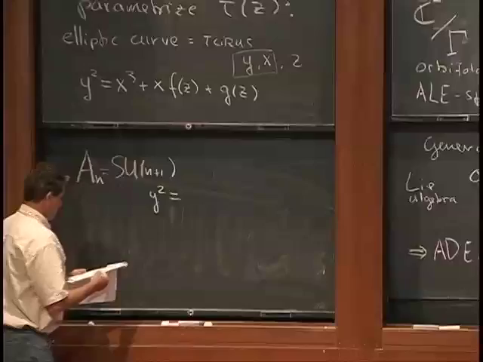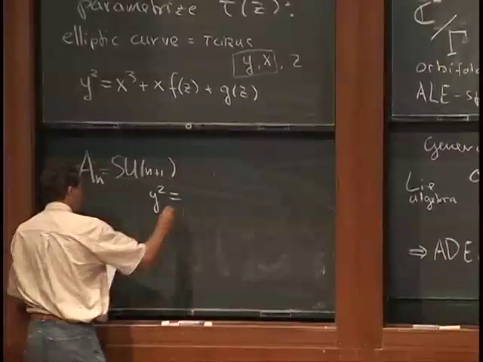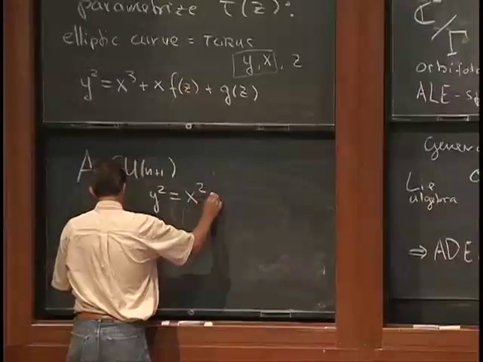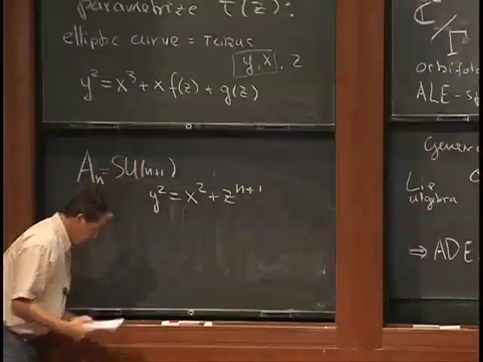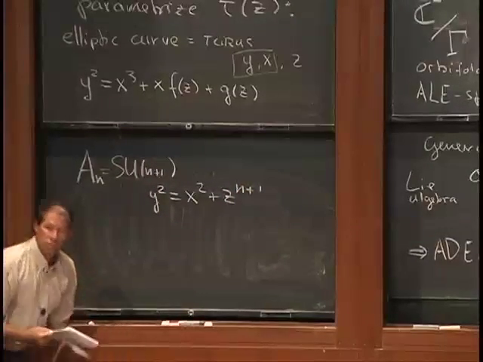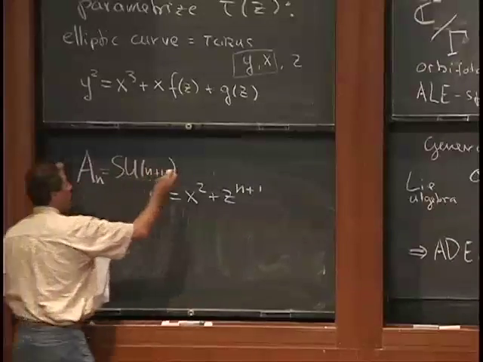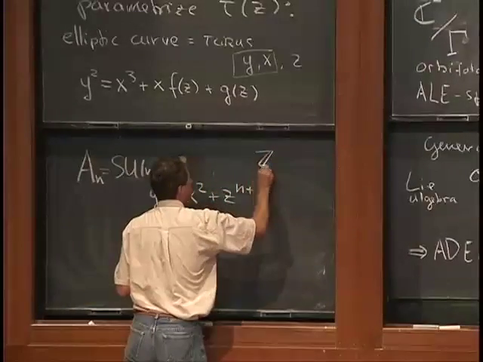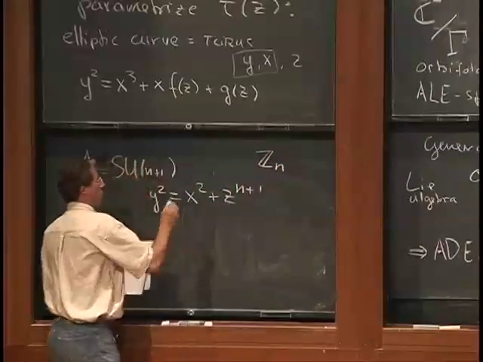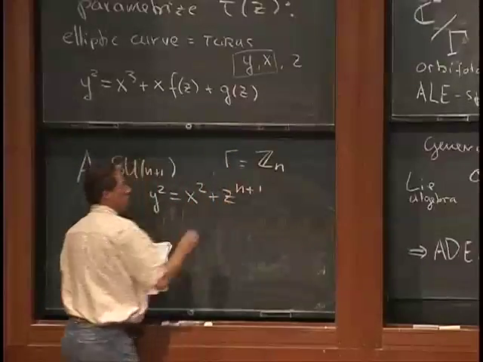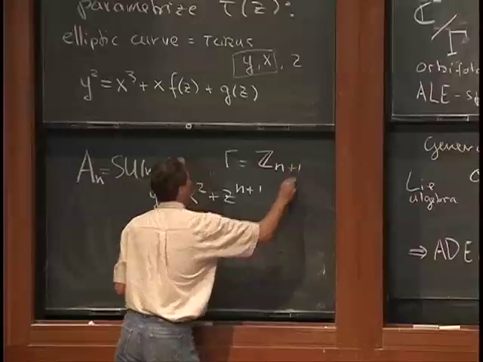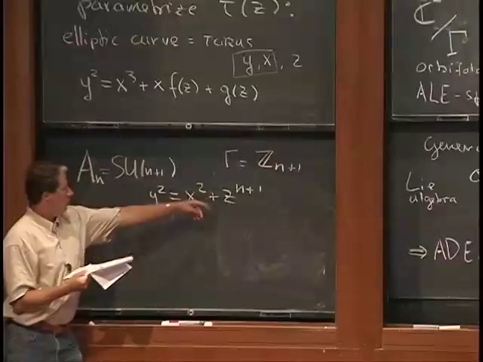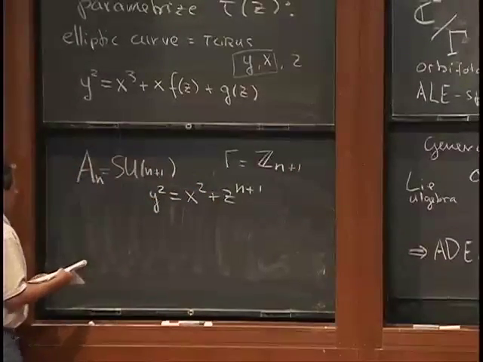It looks a little bit like that, but in this case, not quite yet. X squared plus z to the n plus 1. This is known as an AN singularity, and it's a Zn orbifold singularity. The discrete group of SU2, this gamma in this case, is just Zn, actually Zn plus 1. And you can see that this has a Zn plus 1 symmetry.